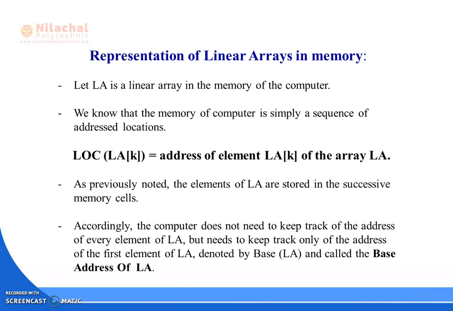What it basically needs to keep track of is only one address, that is, the address of the first element of the array, which is denoted as the base address. If we know the first address, or the base address, of the array, we can successively find the rest of the memory allocations of the array.